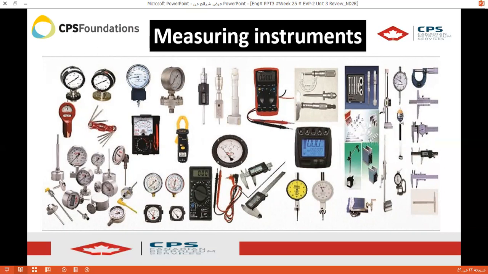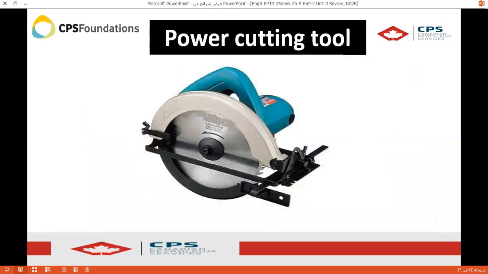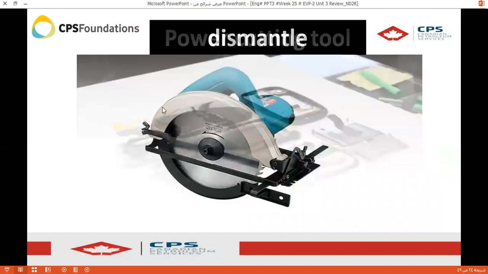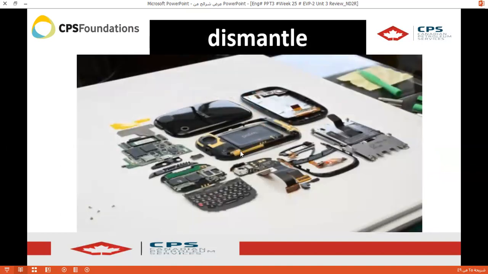You can also measure the voltage. This is a power cutting tool. It's a tool which uses electricity to cut steel or maybe a very hard material like wood, maybe also, and sometimes plastic. It's used to cut strong materials. That's why it's called power cutting tool.